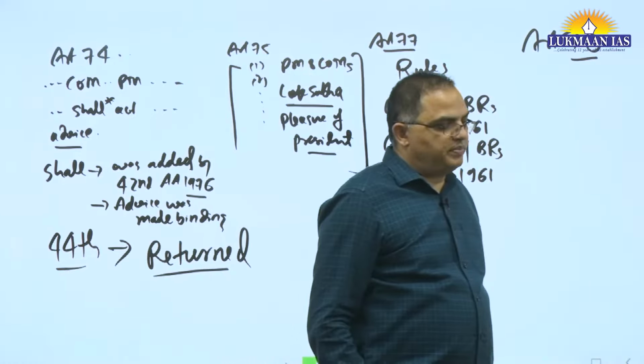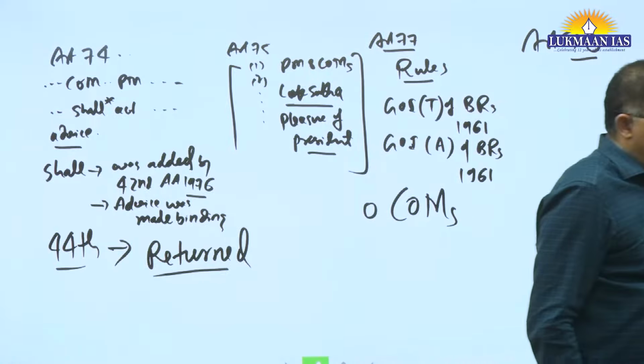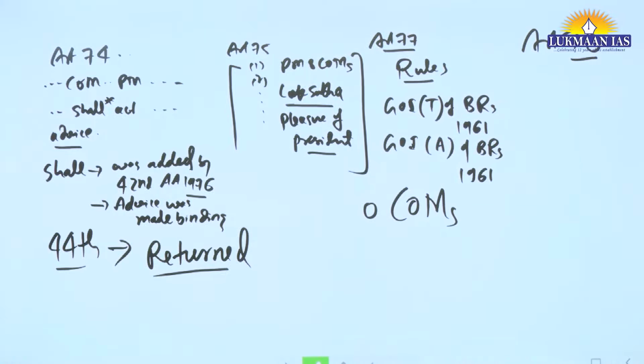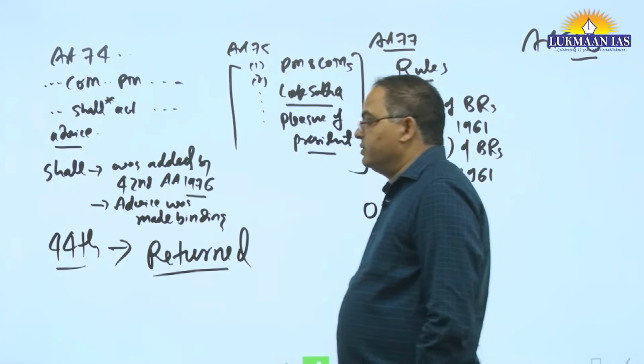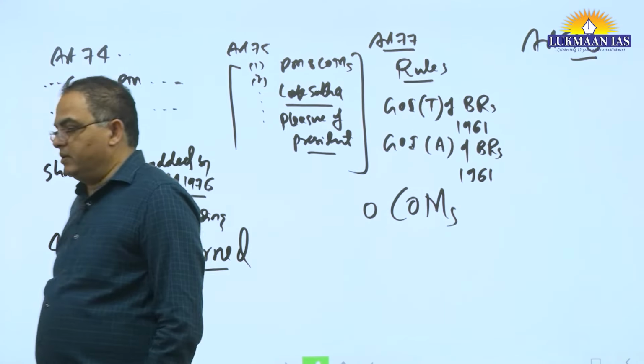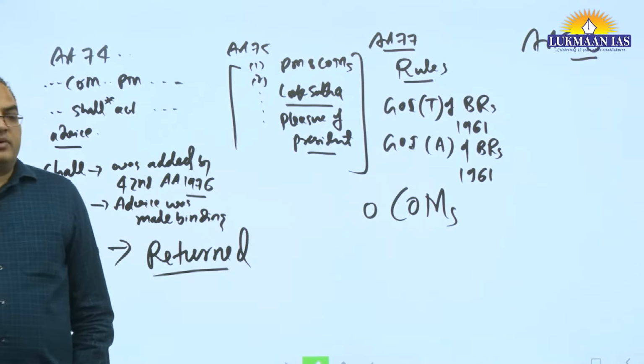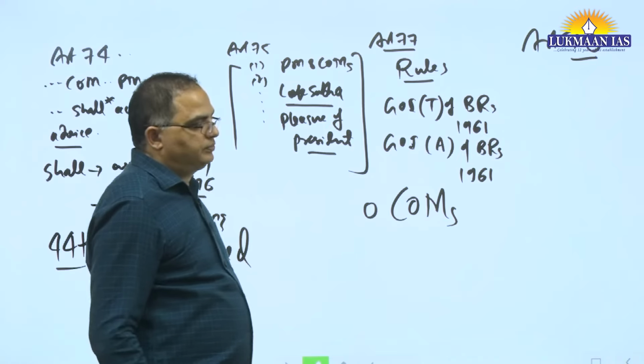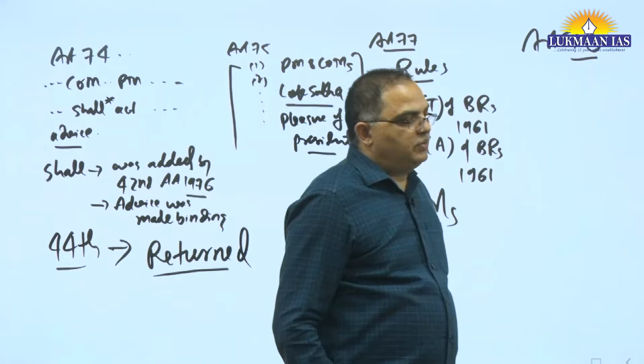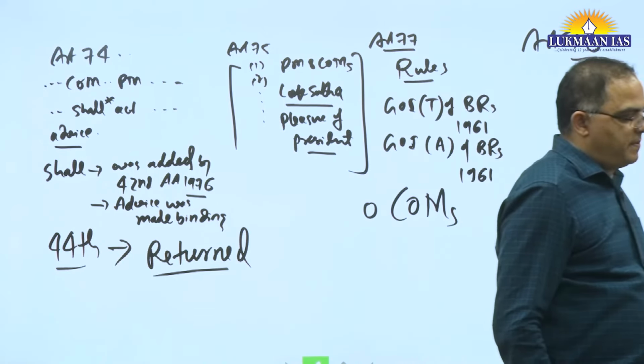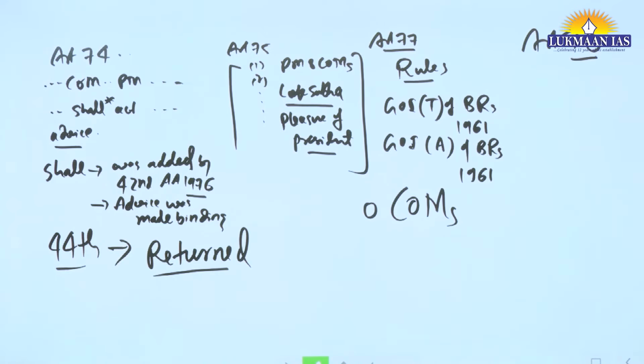In brackets, discretionary power means autonomy to act on his own.